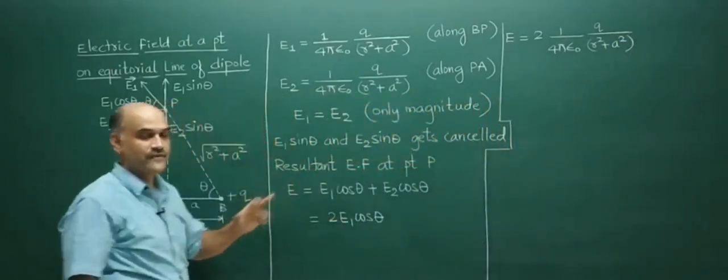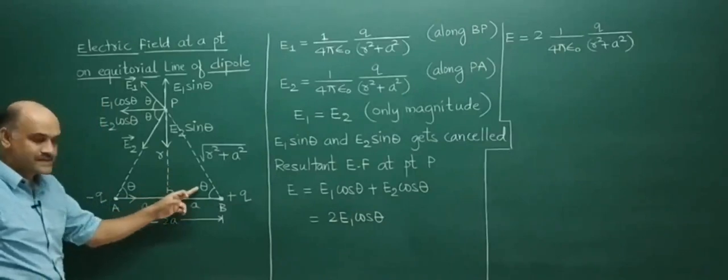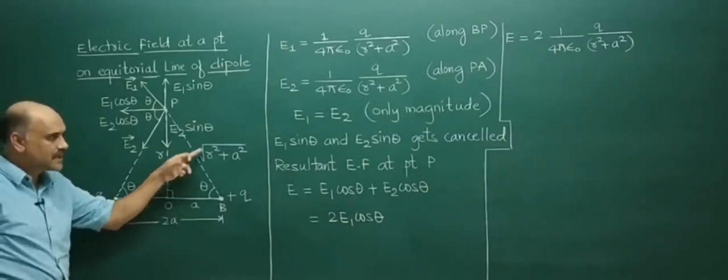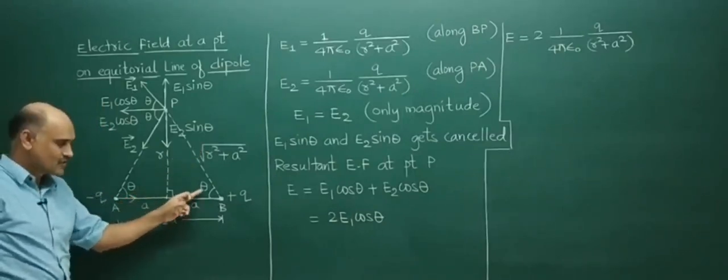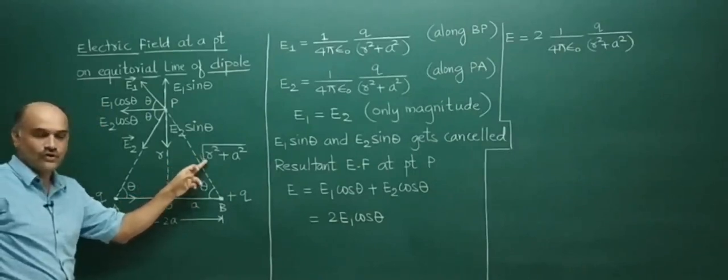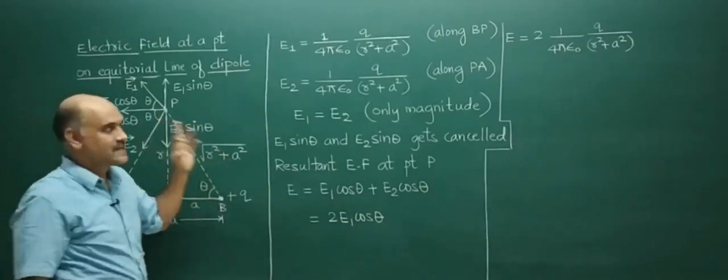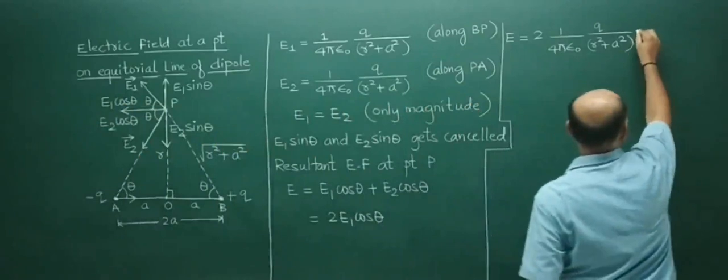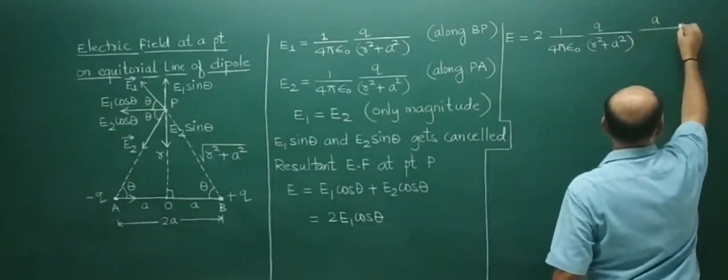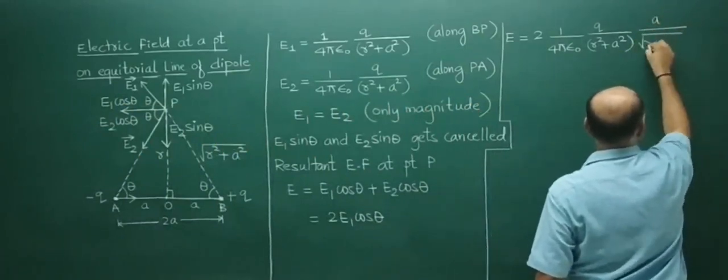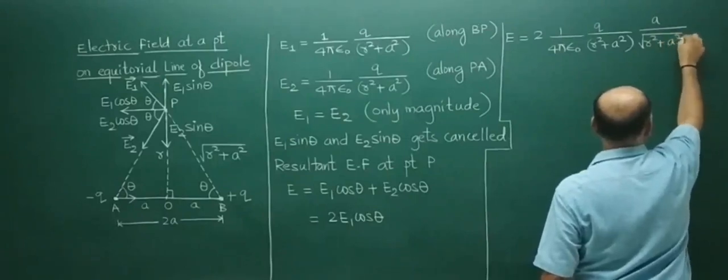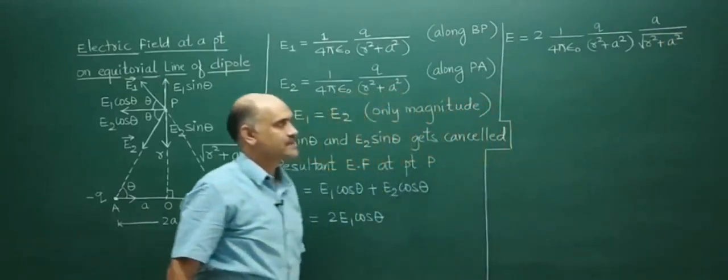From the figure, cos theta is adjacent by hypotenuse. So cos theta is a by root of r square plus a square, into a by root of r square plus a square.